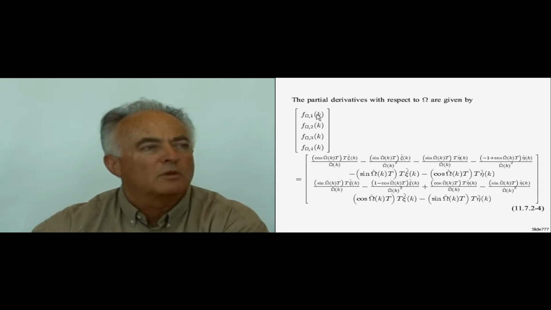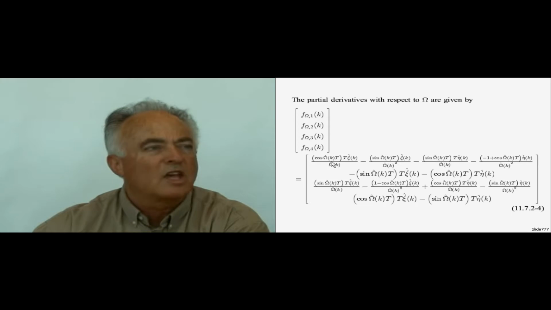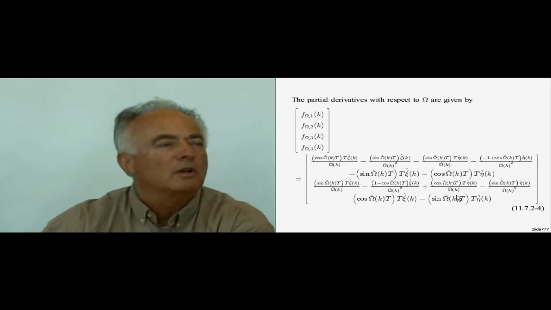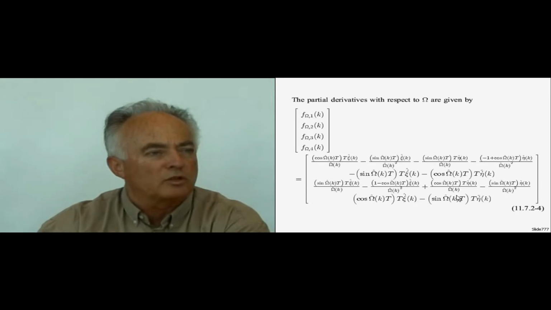The last column needs some more complicated terms where we have again the previous estimate of the turn rate, omega hat k, and this is the psi dot hat, the velocity component along the psi coordinate and along the eta coordinate. They're all appearing here, so this is a little bit more complicated expression, but it's all a matter of simple differentiation and algebra.